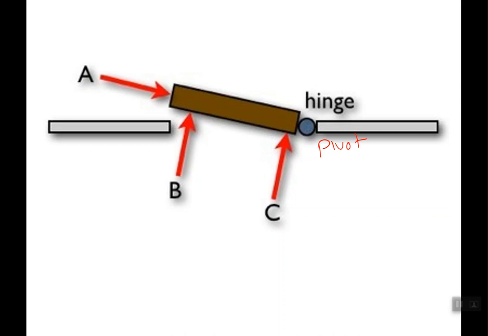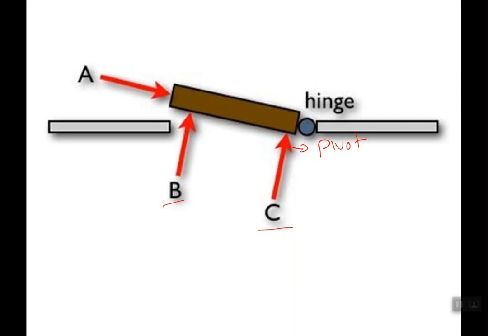It's also dependent on the distance. If we look at forces B and C, and say they are the same force, you will notice that the door will have a greater turning effect if you apply the force at B than at C. You'll probably notice that to have a decent turning effect, you will need to increase the size of your force at C. That's because moment depends on the distance away from the pivot that you apply your force.